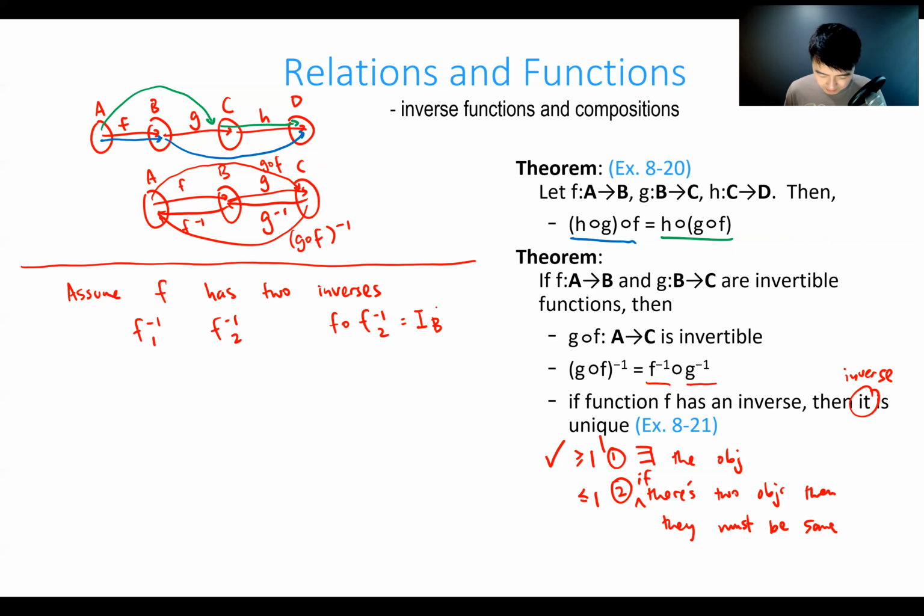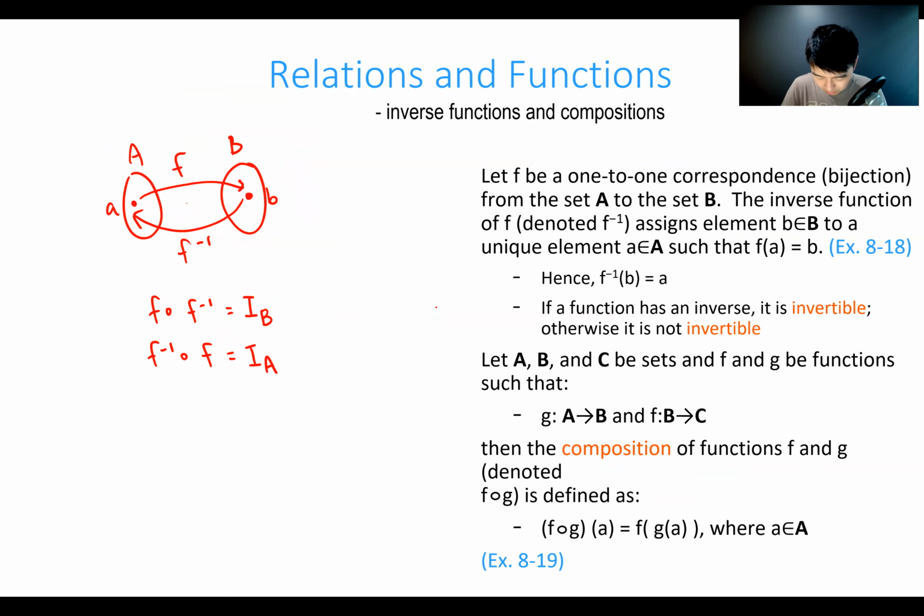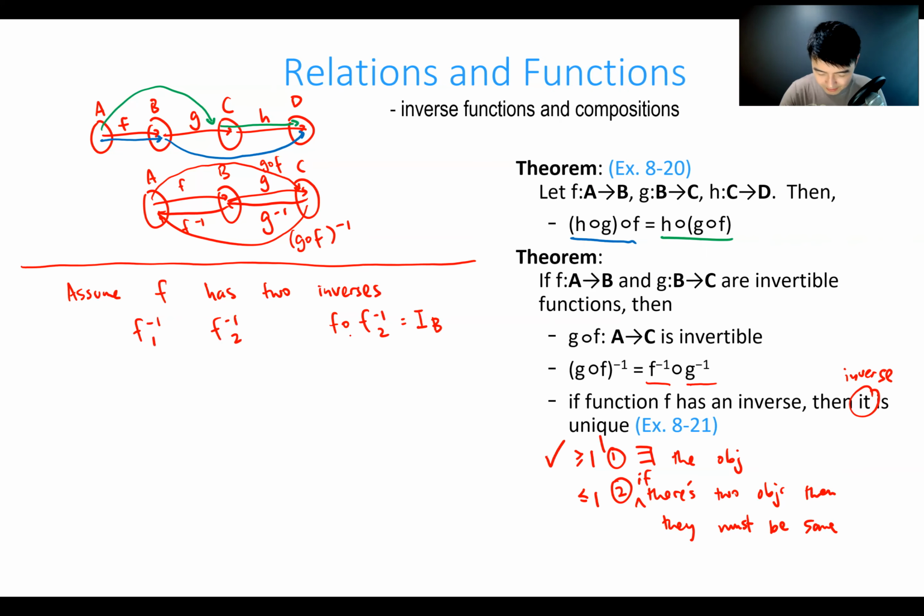F composed with the F inverse is always the identity of B, so if F inverse 2 is in fact an inverse, this must be true. I hope everyone's okay with that. Also, F inverse 1 composed with F must be the identity of A.